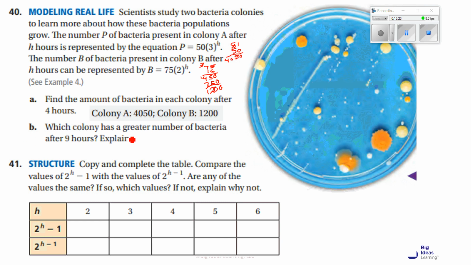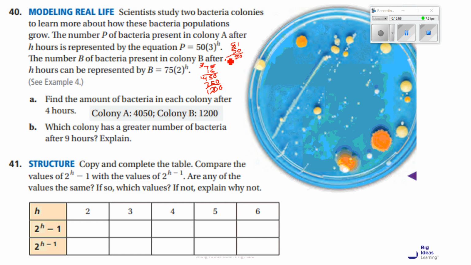It says B, which colony has the greatest number of bacteria after 9 hours? Well, as you can see, just after 4 hours, the biggest number of bacteria was colony A. So you might automatically think A is always going to be bigger than B, but that's not necessarily true.